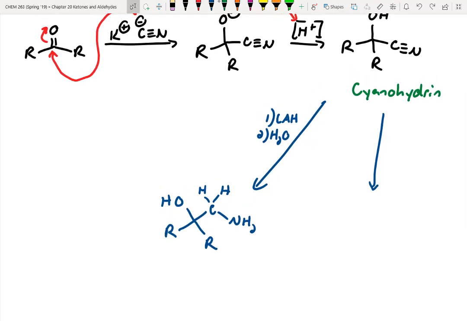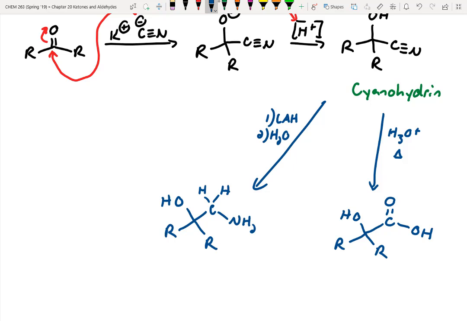And then the last one, we can treat this with acid. So dilute acid and heat. And we can actually convert that nitrile group to a carboxylic acid.